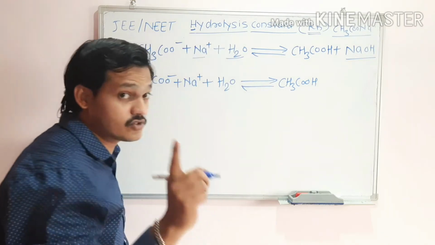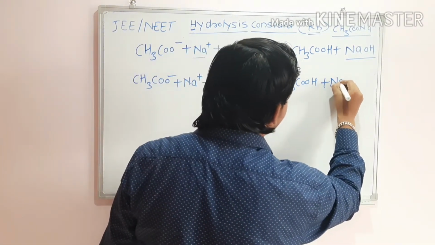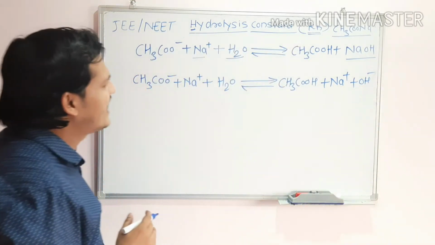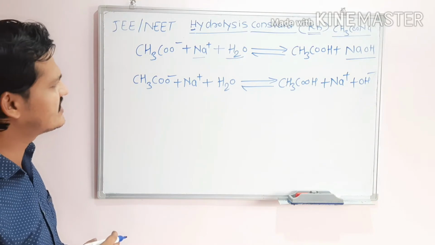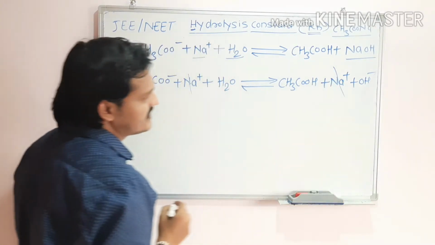A weak acid will be formed, a strong one will not be formed under any condition. It will remain in ionic form, Na plus OH minus. So what is the cancellation? Na plus cancels out with Na plus.